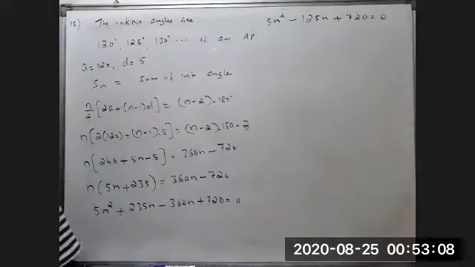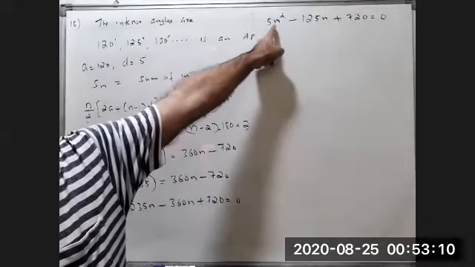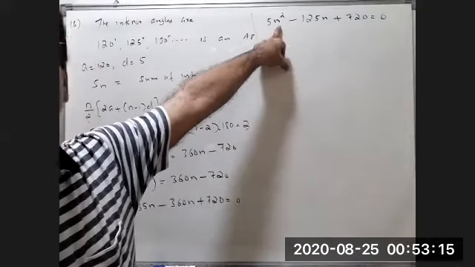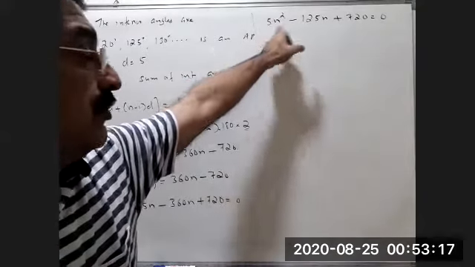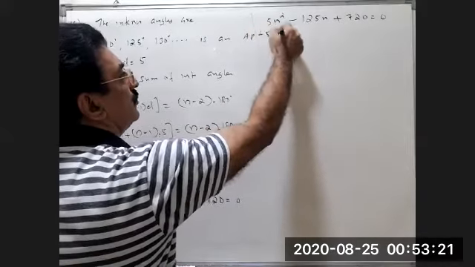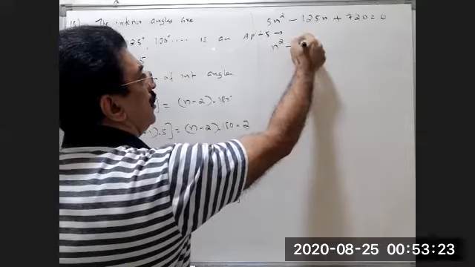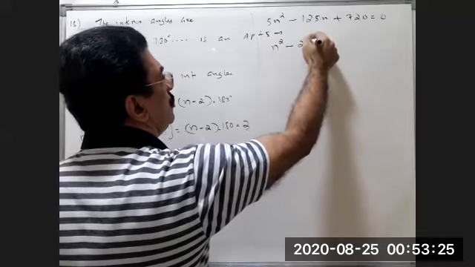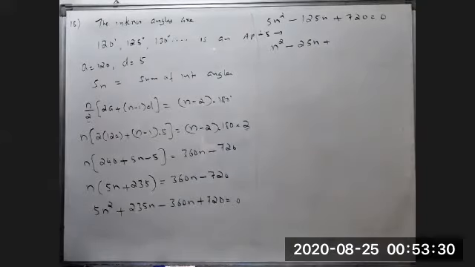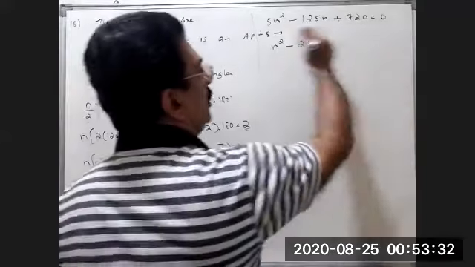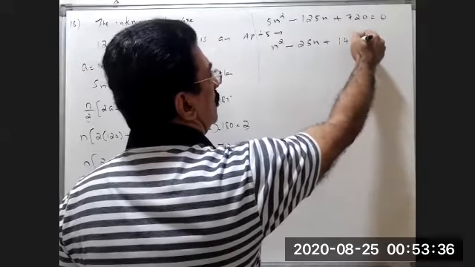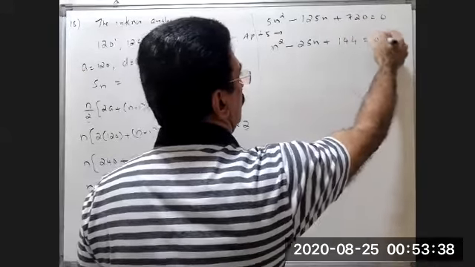Remember it, whenever we get the coefficient of the second degree term, check whether it is divisible by, yes, this is divisible by 5. n square minus 25n plus 720 divided by 5, 144, is equal to 0.